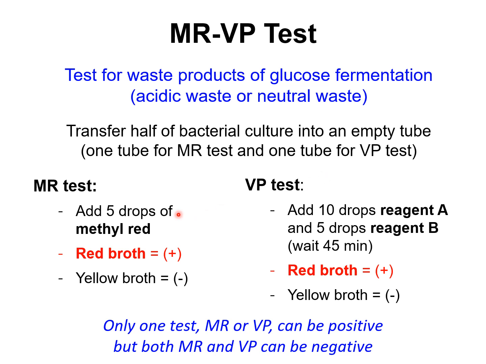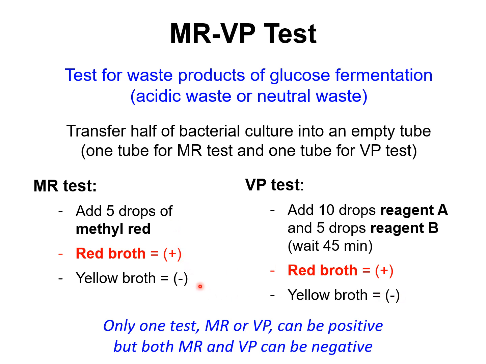But can you have the methyl red test turn out negative and the VP test turn out negative? Yes. If your bacteria is not even capable of fermenting glucose in the first place, then your methyl red and your VP will be negative.